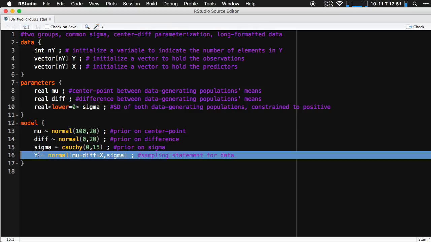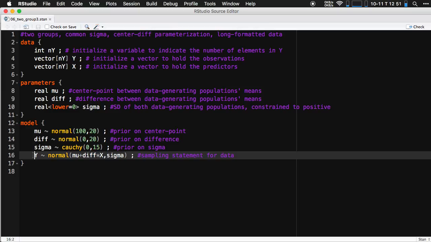The only thing that's going to look different now is that instead of having y1 is distributed as and y2 is distributed as, we have a single statement here saying y is distributed as a normal distribution, same as before, variability of sigma, but now we've got this equation here defining how to compute the different distances.